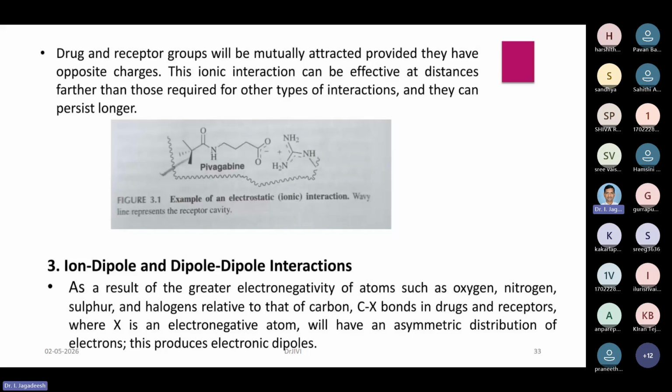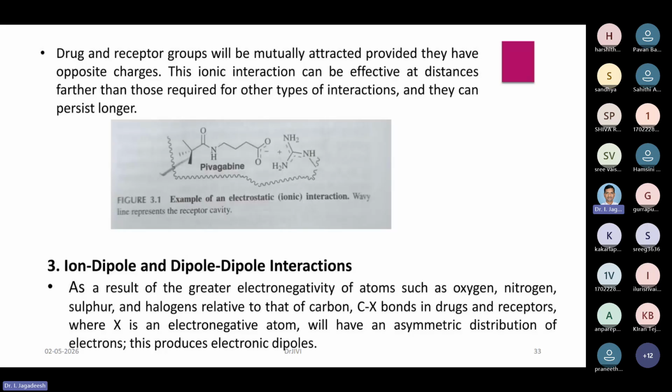It means we can predict that these interactions influence our induced fit. In this figure showing the electronic interactions, the wavy lines represent the receptor cavity, and the dotted lines provide the charge, with plus and minus. These two opposite charges provide the ionic or electrostatic interaction.